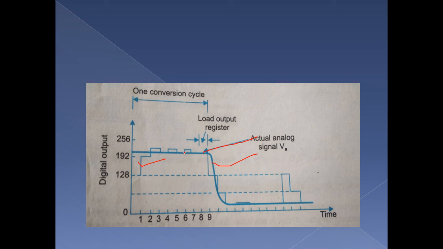Almost both are equal, so it is more accurate in converting the analog signal into digital output, and it is also more efficient. This is the operation of the successive approximation ADC.